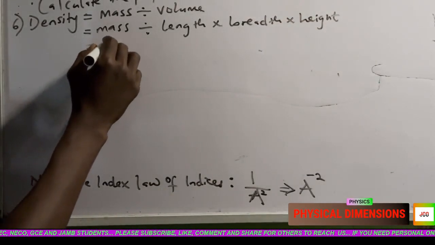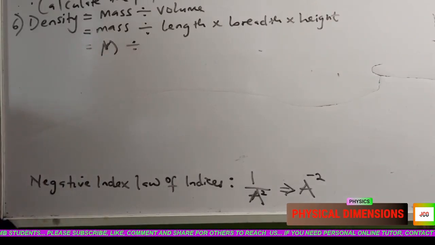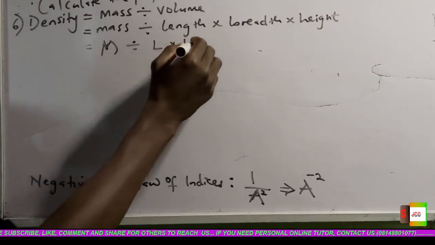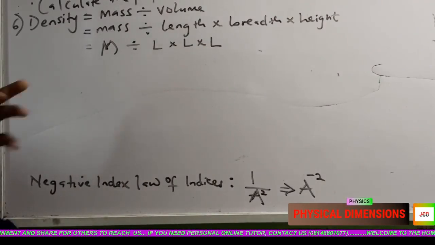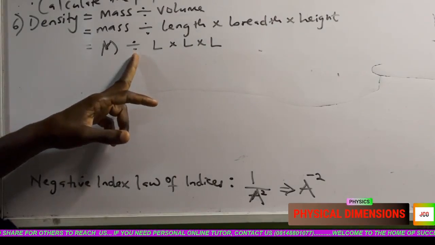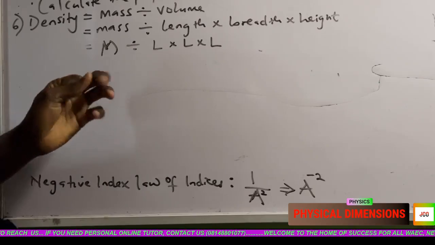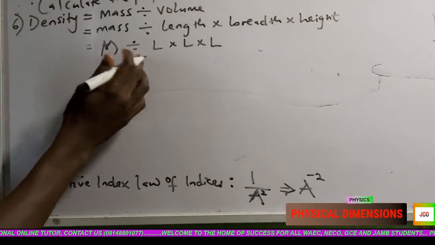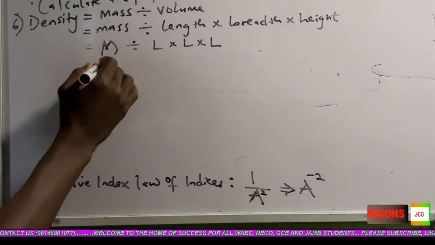So I have my mass as capital letter M. Then length and breadth and height is actually L times L times L. Please, at this point, do not change this to multiplication yet. Work these guys finish before you can now change this to multiplication, because if you change the multiplication now, it's going to affect only this one guy, but it's supposed to divide by the whole volume.